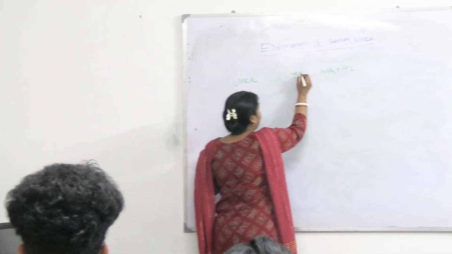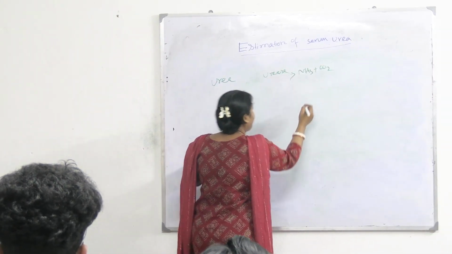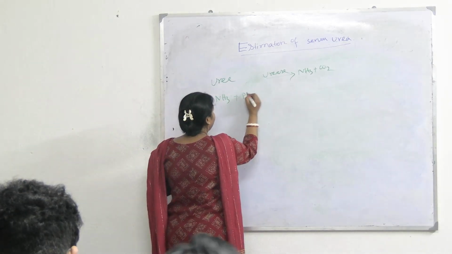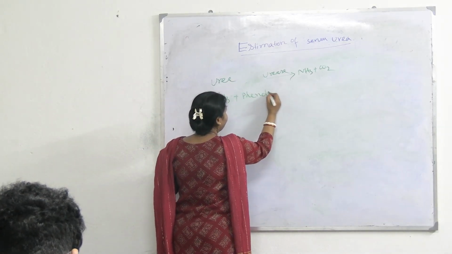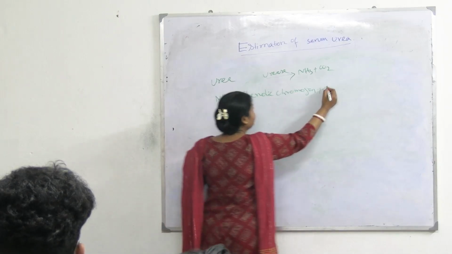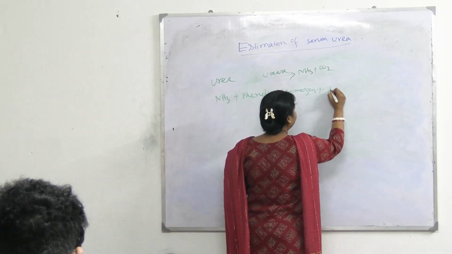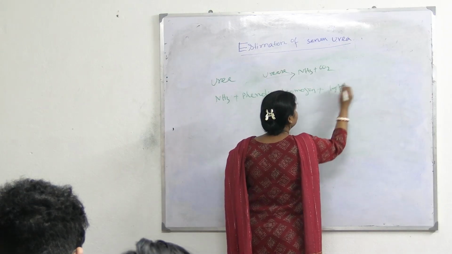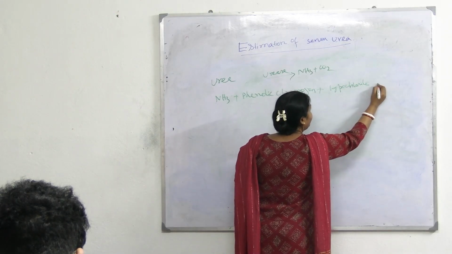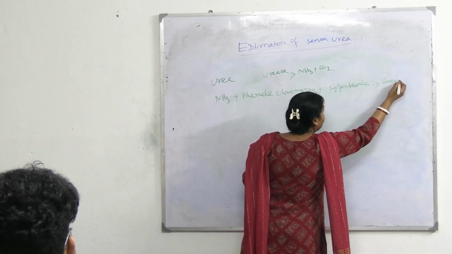You have to remember the reaction: urea, with the help of urease, forms ammonia and carbon dioxide. Ammonia with phenolic chromogen plus hypochlorite will form a green colored complex.